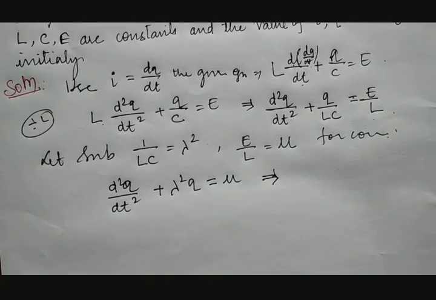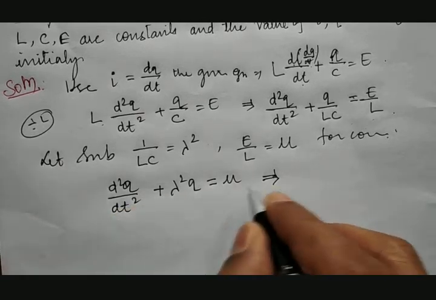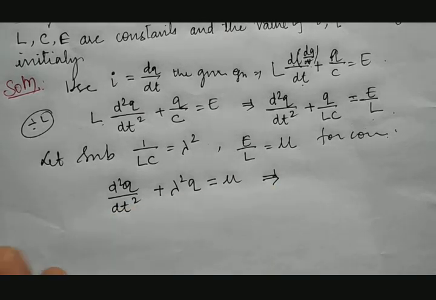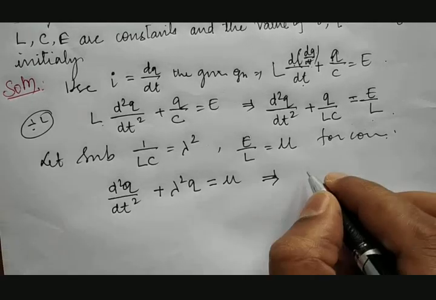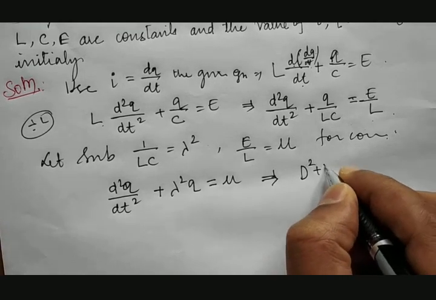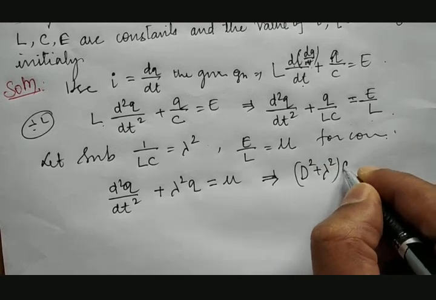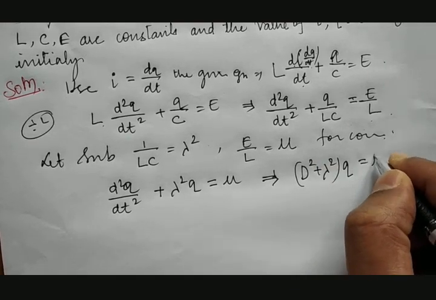If this is the given differential equation, then what will be its operator form, how it looks in routine? It looks like D square plus lambda square of Q is equal to mu.